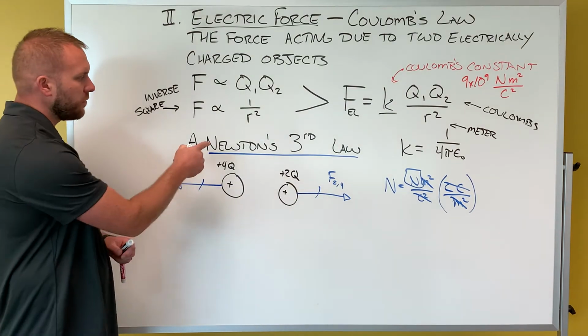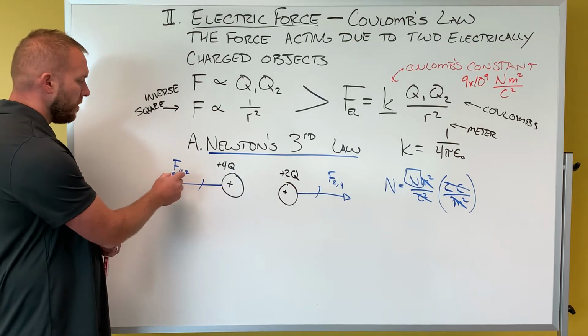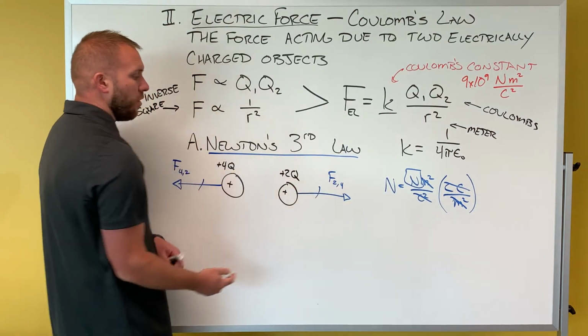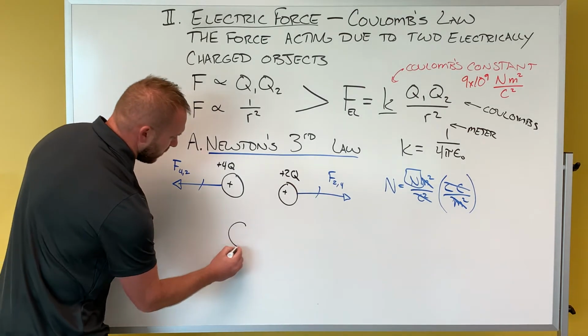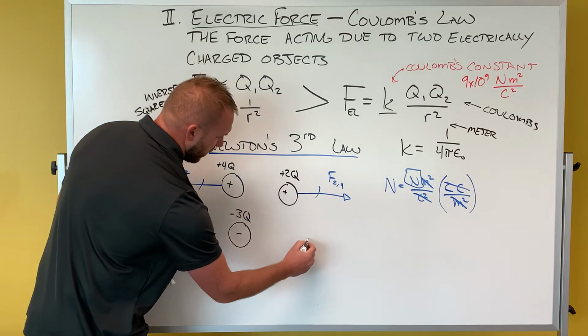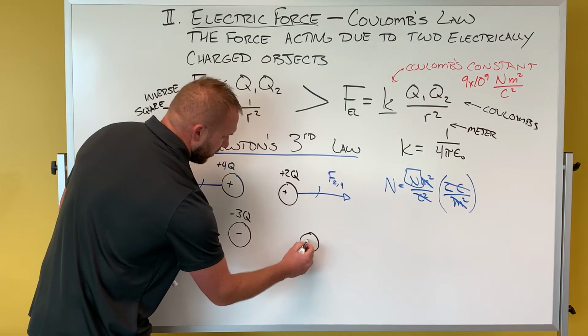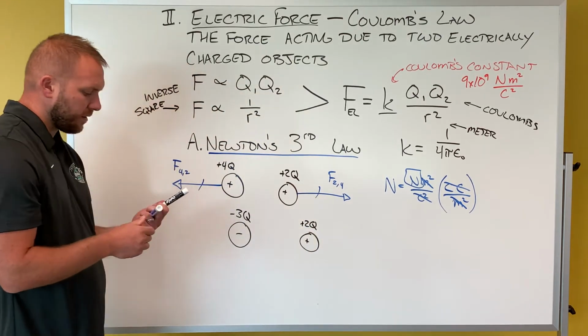A big thing with Newton's third law is that they have to act on different objects. So this force here and this force here are going to be exactly the same size. If we had a charge here, negative 3Q, and a charge here of, again, positive 2Q, they're going to be attracting.